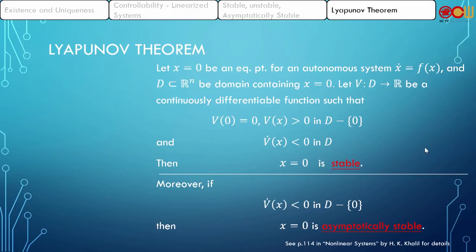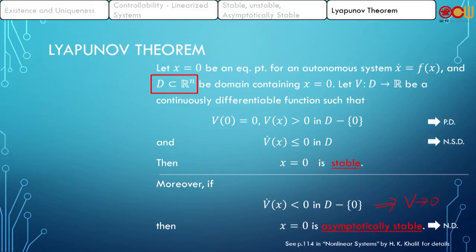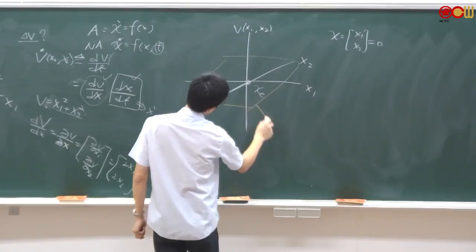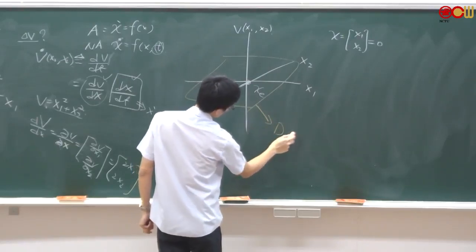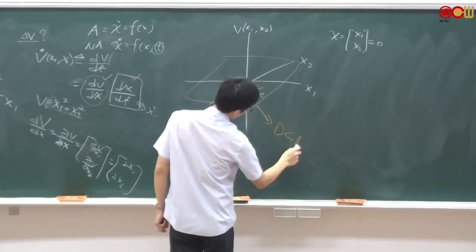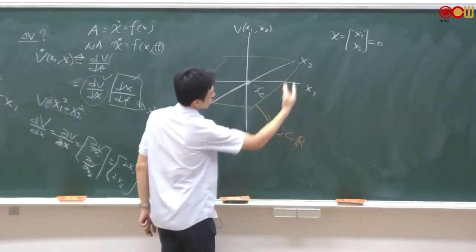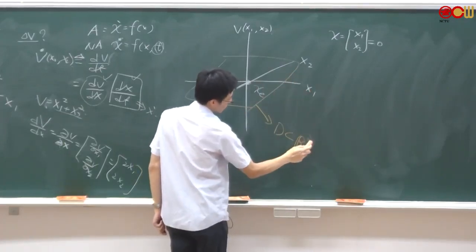So their phase portrait is stationary. D is a set belonging to Rn, the domain containing the equilibrium point. Say this is D, with n dimensions. In this case, it's 2D, right? x1, x2, so it's 2D.